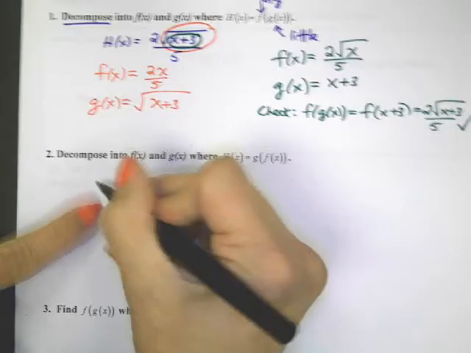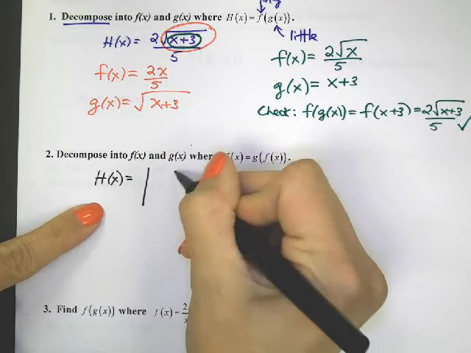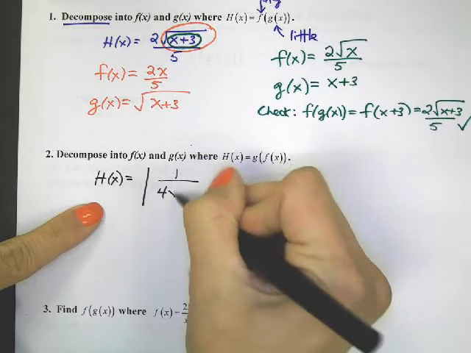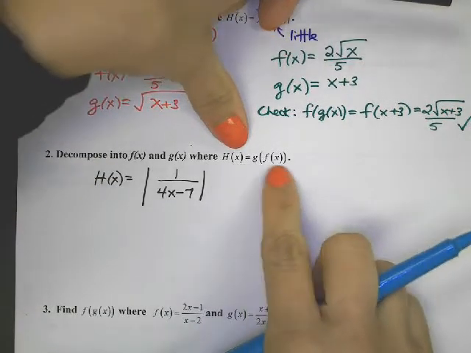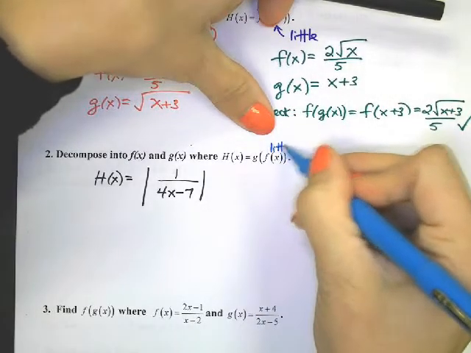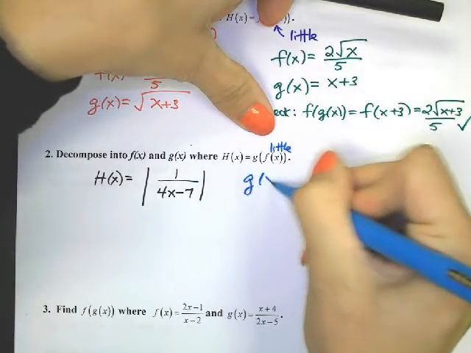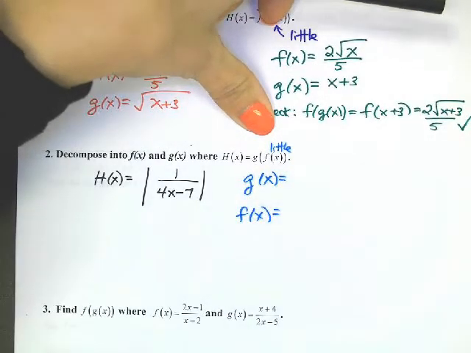Okay, here's another example. What if they told us h of x was the absolute value of 1 over 4x minus 7? Okay, let's see if we can figure out how it was composed. First, I have to read the directions. Notice here, f of x is the little guy. So g of x is the big guy, and f of x is the little guy.